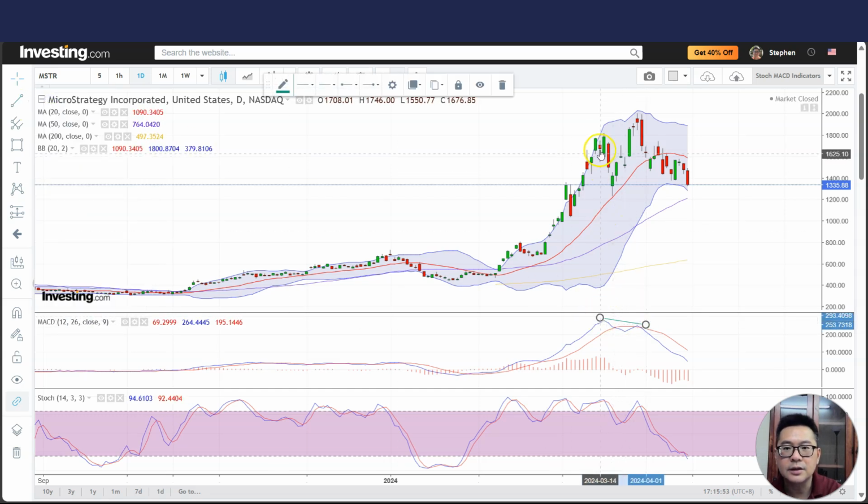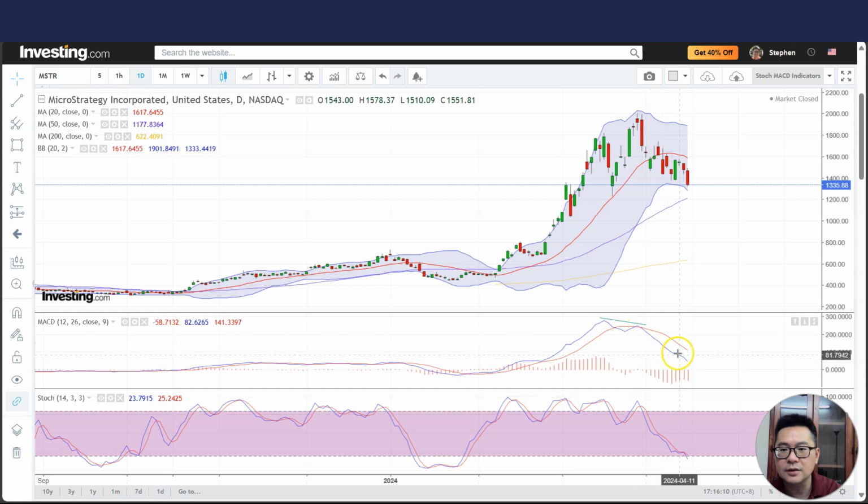You can see the stock price make a higher high, but the MACD lines, this is higher, this is lower as price makes a higher high. So this hinted of bearishness and weakness, and of course we have a bearish cross here, and ever since, the MACD lines have been in a railroad trend, the blue line and the red line. So this tells us that there could be more weakness in the future.